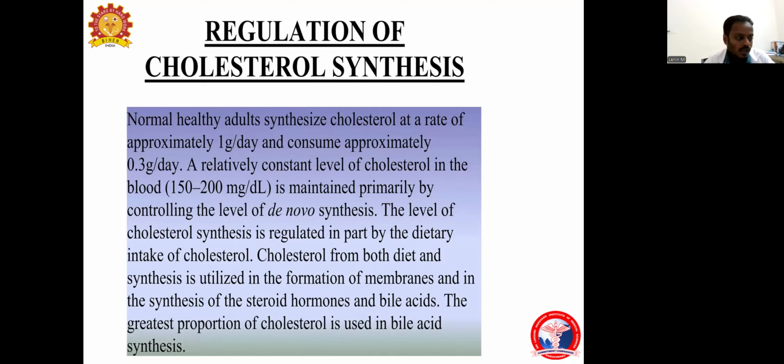In detail, cholesterol levels are controlled by diet and drugs. Cholesterol from both diet and synthesis is utilized in the formation of membranes and in the synthesis of steroid hormones and bile acids. The greatest proportion of cholesterol is used in bile acid synthesis.